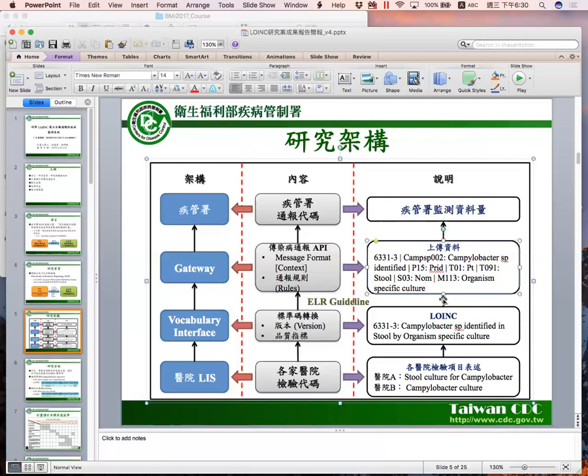Sometimes, if you have a class introduction to medical informatics, they will give you a set question asking about interoperability. Here is the perfect example: this is the semantic interoperability, and this is the syntax interoperability.